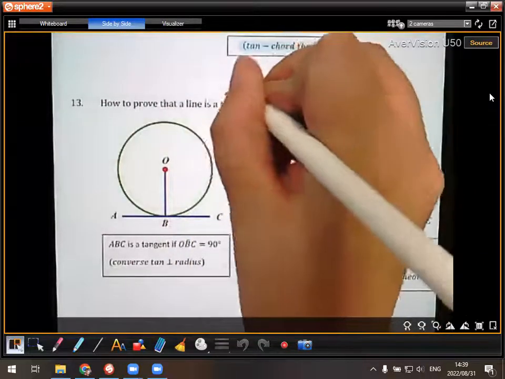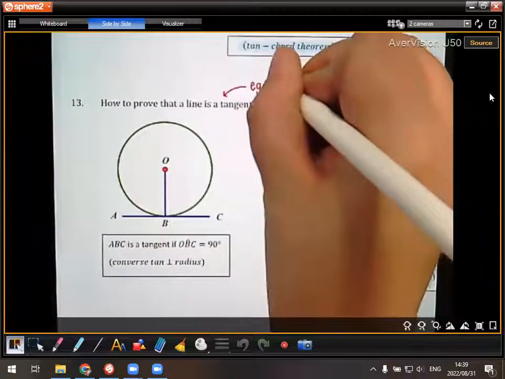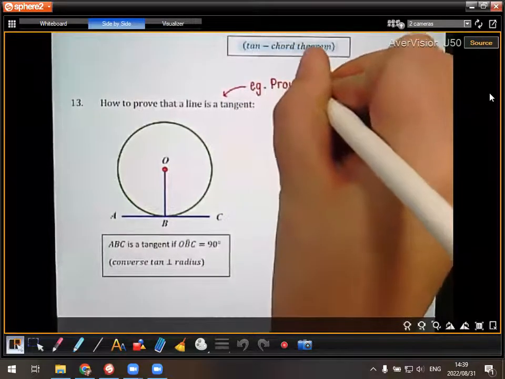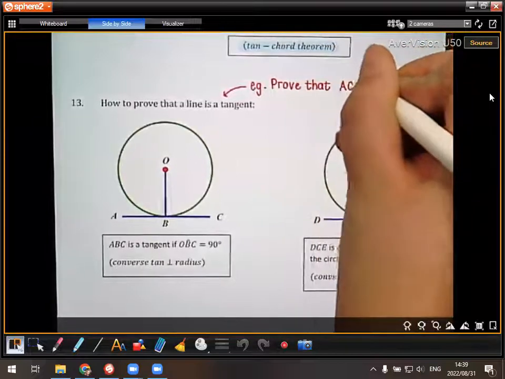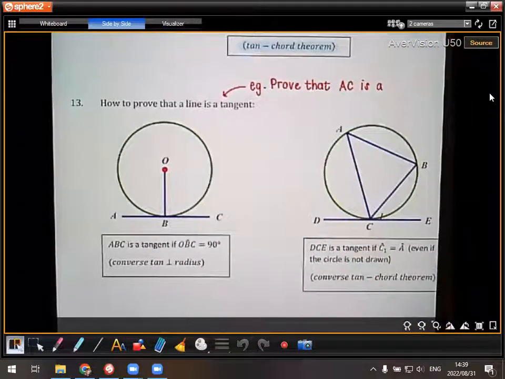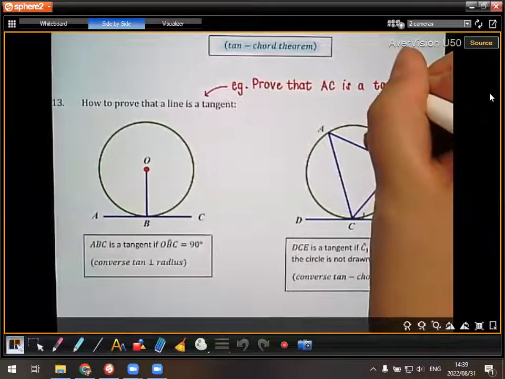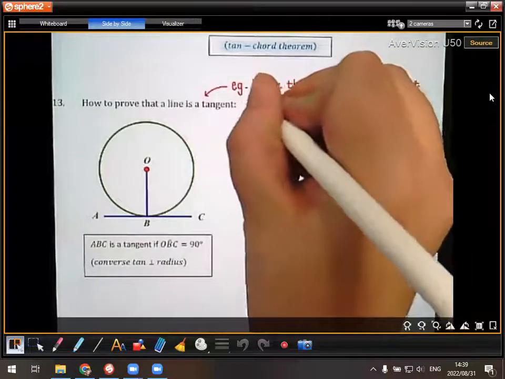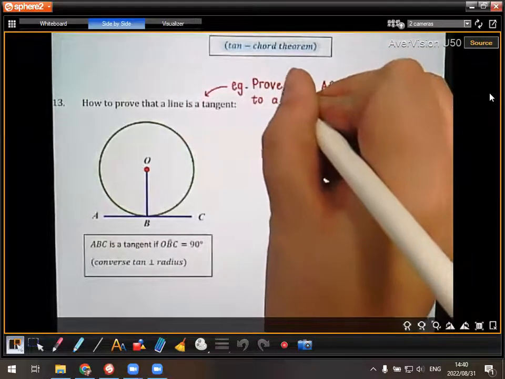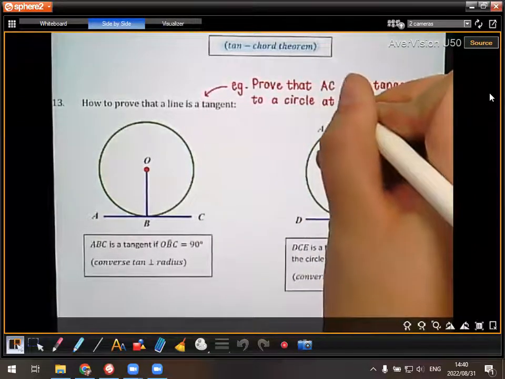So they will say for the first one, let me just say, for example, prove that AC is a tangent to a circle at point B.